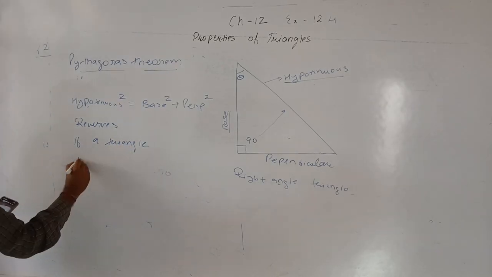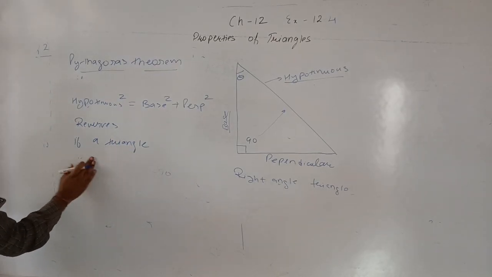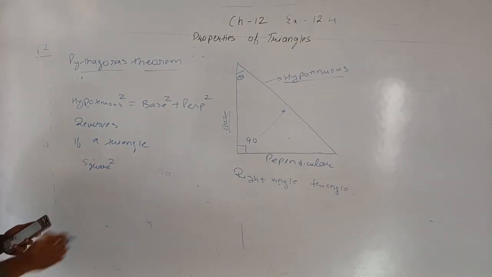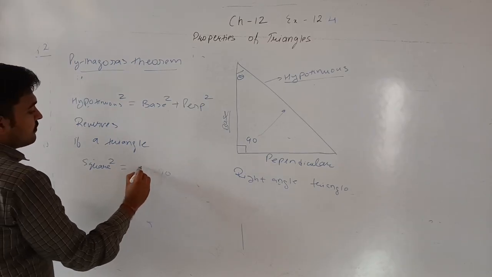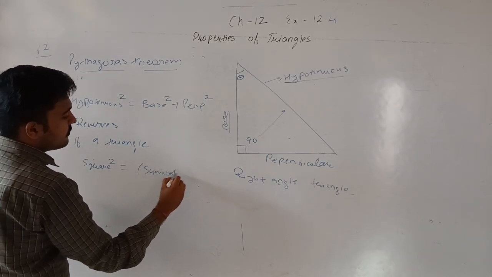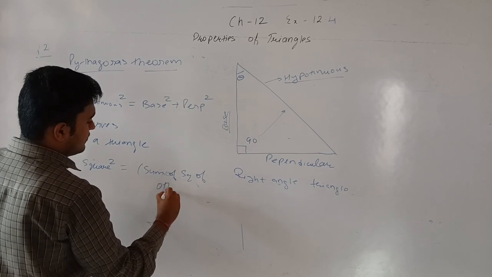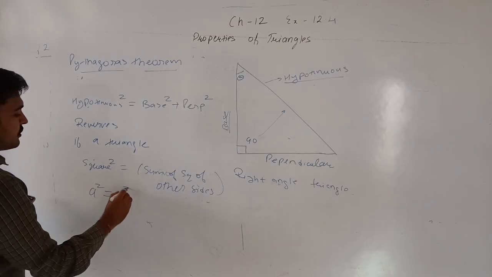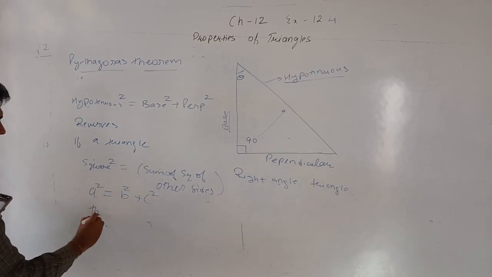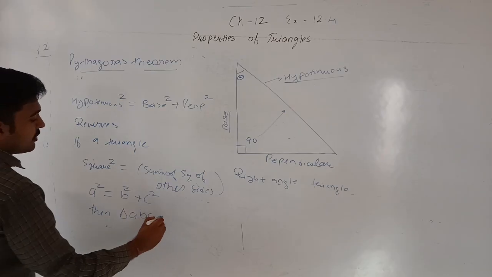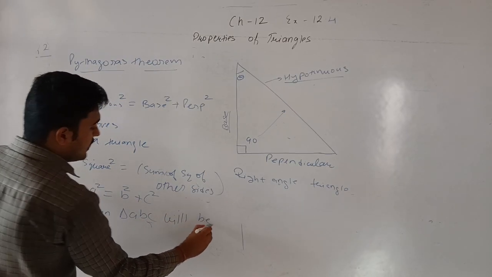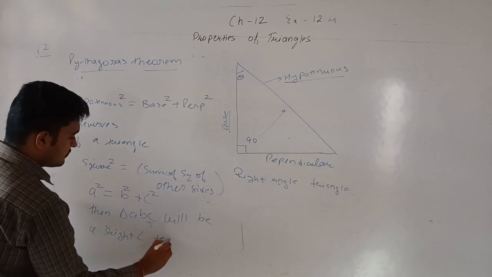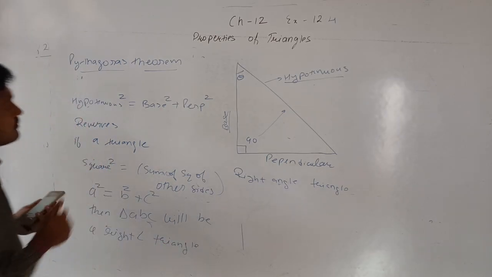It means that in a triangle, where we don't know whether the triangle is a right angle triangle or not, if the square of one side is equal to the sum of squares of the other two sides, that is, a squared is equal to b squared plus c squared, then we have proved that triangle ABC is a right angled triangle.